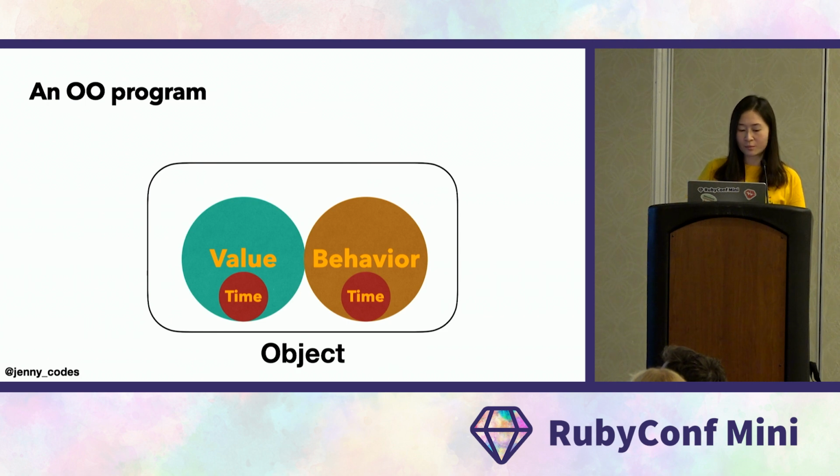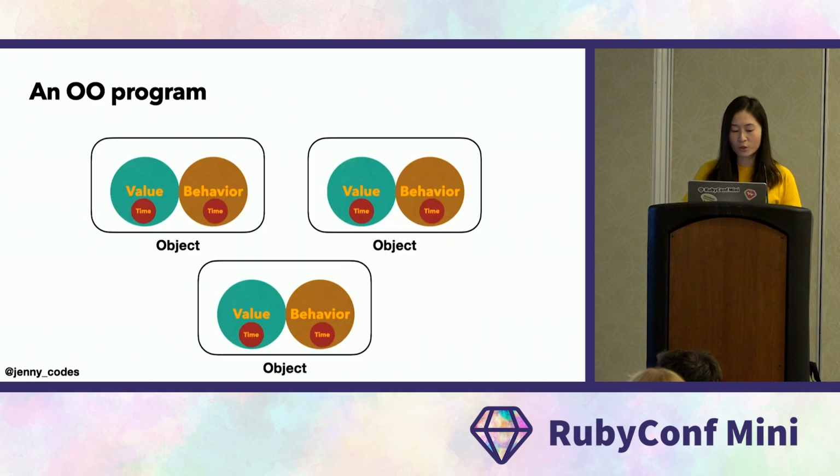And this is my mental model of what an OO program looks like. An object encapsulates the value and behavior together. And the time is implicitly inside both the value and behavior, because a value can be changed over time, like we just saw. And a program would be composed of many objects that interact with each other.